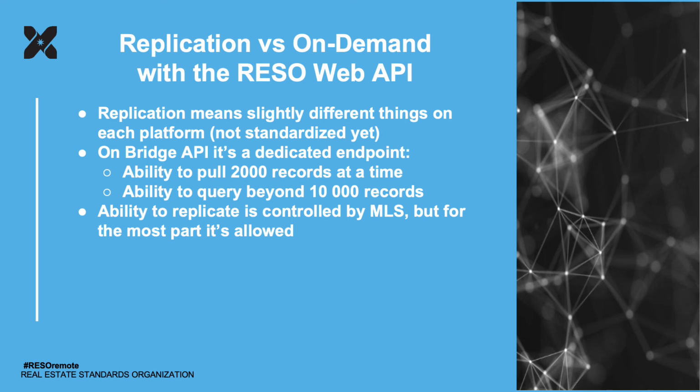This is an endpoint that will allow devs to pull more records at once per query, as well as have slightly higher offsets and rate limits. The MLS, again, is able to choose who's allowed to use this replication endpoint on a user-by-user basis. But what we do see is, for the most part, it is allowed. It's pretty rare for us to see MLSs restricting users to only on-demand queries.